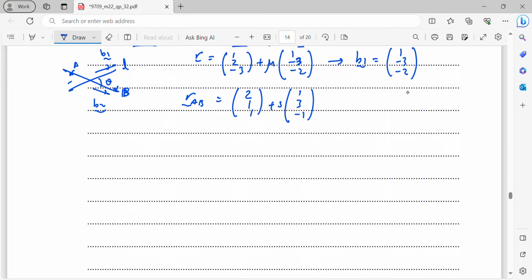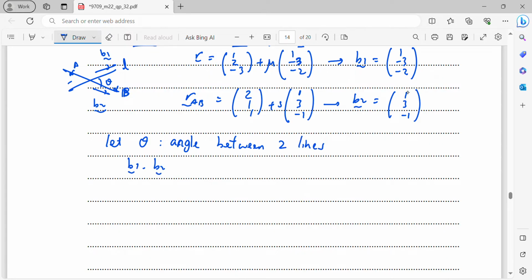You may use the original vector AB, right? So from here, I will get my b2 is (1, 3, minus 1). Now I let theta be the angle between the two lines. So use the scalar product formula: b1 dot b2 is magnitude b1 times magnitude b2 times cos theta.